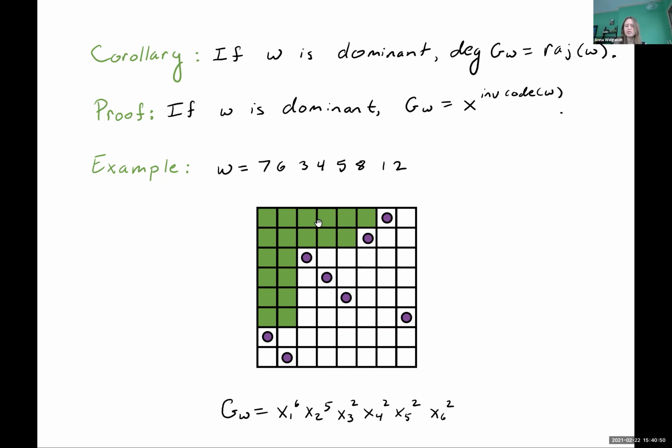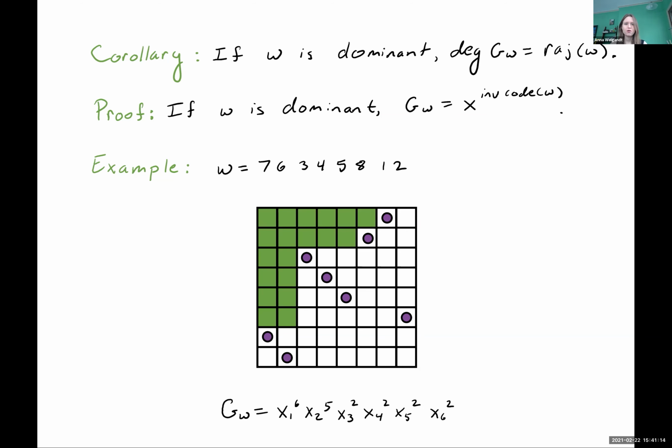If you like Rothe diagrams, you can just write down the Rothe diagram and count the boxes in each row. You could put crossings in the Rothe diagram and fill it in with elbows, and this actually gives you the unique pipe dream. So dominant permutations are really easy, really well understood.